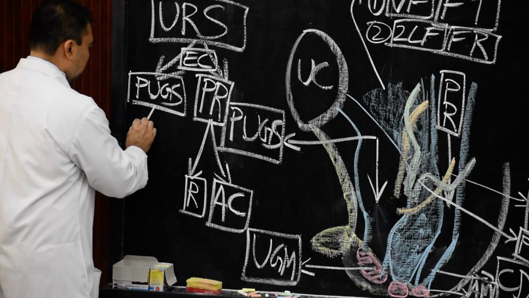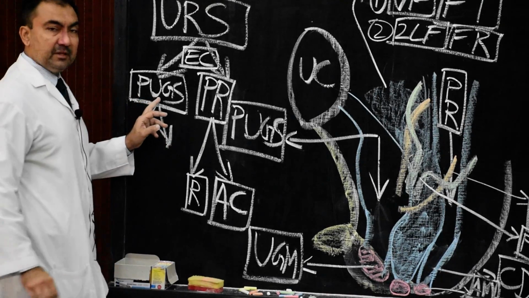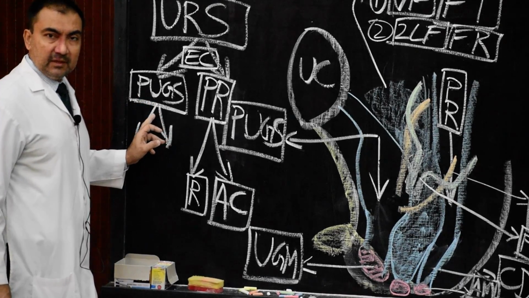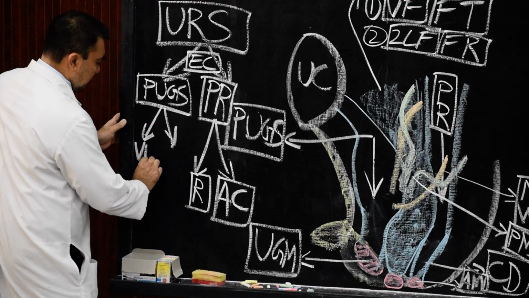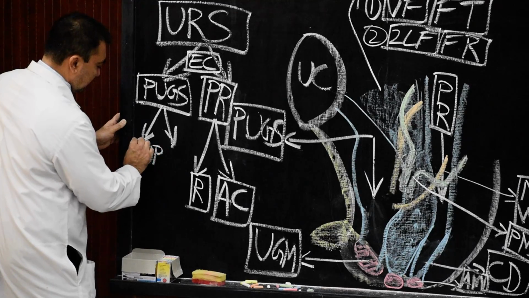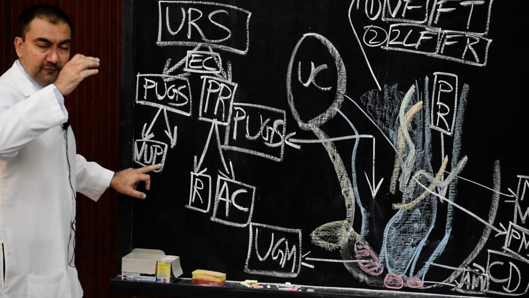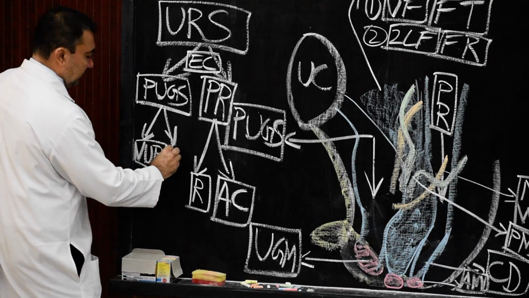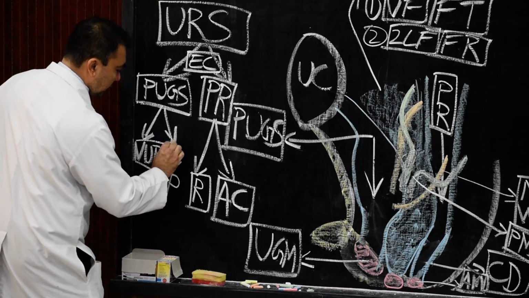If you come to primitive urogenital sinus, now please see this flow chart. The primitive urogenital sinus will now divide into two parts. Number one, vesico-urethral part. Please mention this, I am going to explain it. Vesico-urethral part, upper half, proximal, and the lower part will be known as pelvic as well as phallic portion.